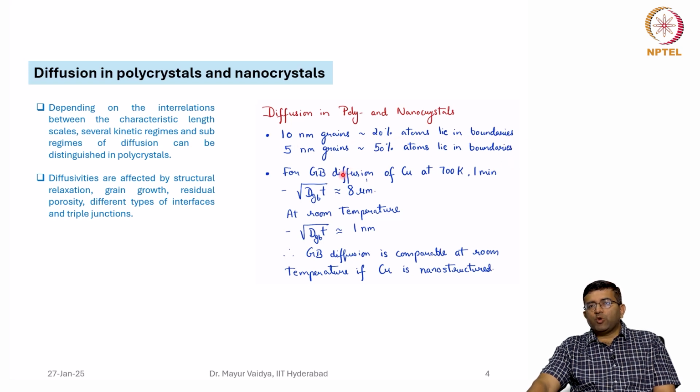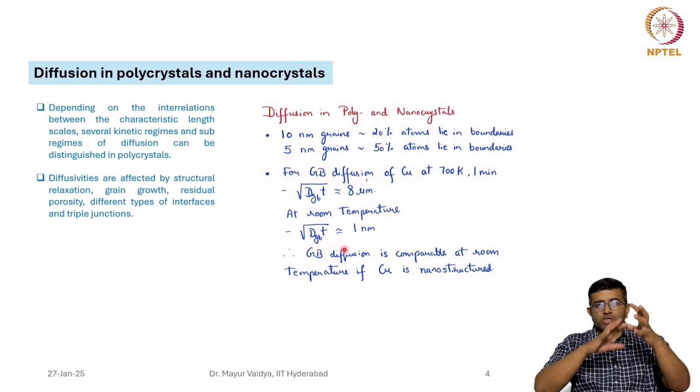For example, consider the grain boundary diffusion of copper at 700 Kelvin, annealed for 1 minute. Then the root DGB t comes to approximately 8 microns. At room temperature, the root DGB t comes to 1 nanometer.